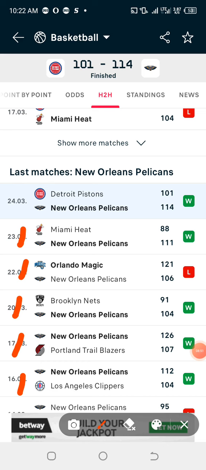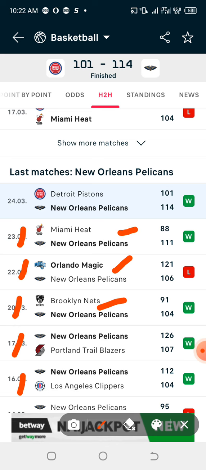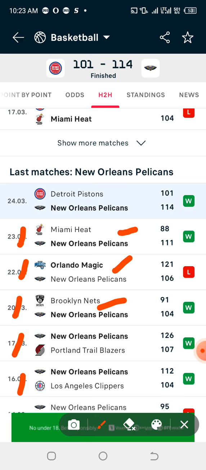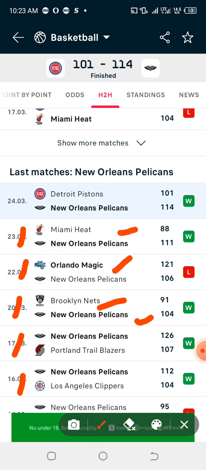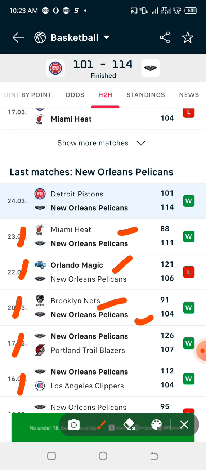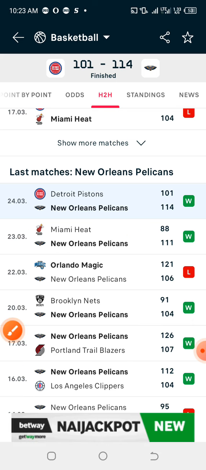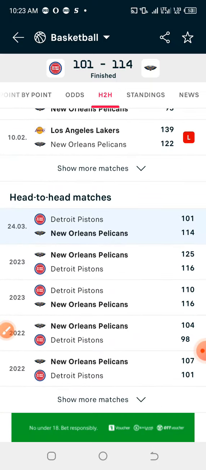Out of these last 3 games they played while away, we can see that the smallest among them all is 104. As you guys can see, please, I hope you guys are documenting. It's just 104.